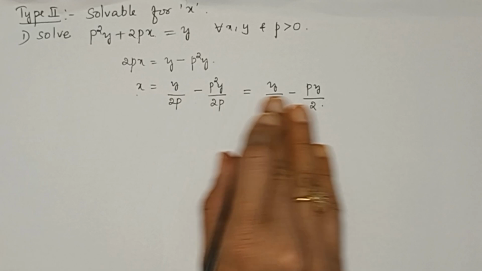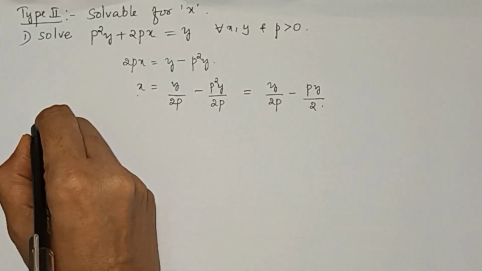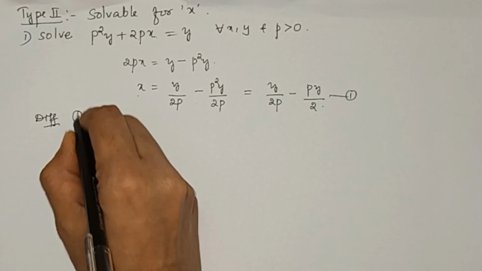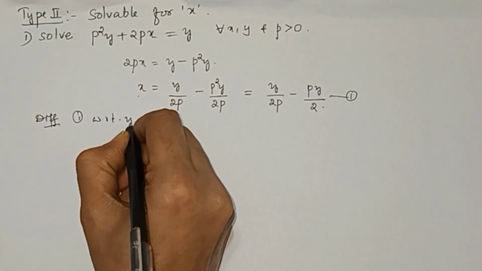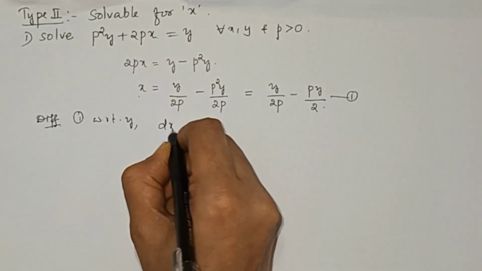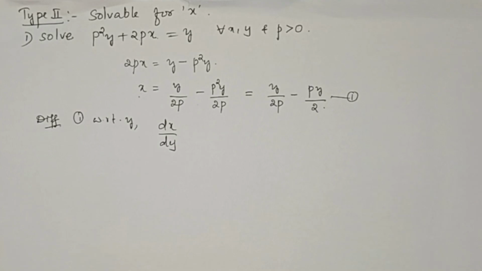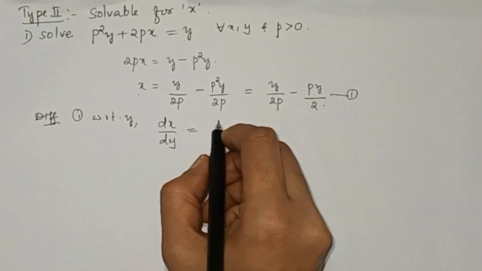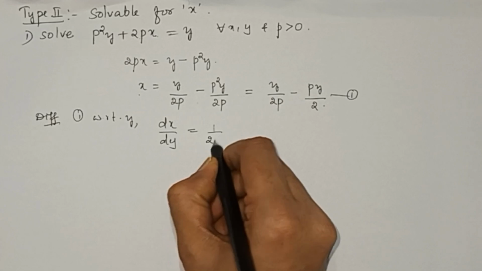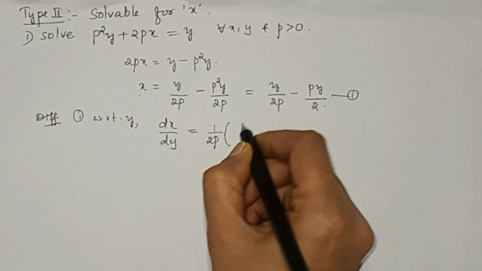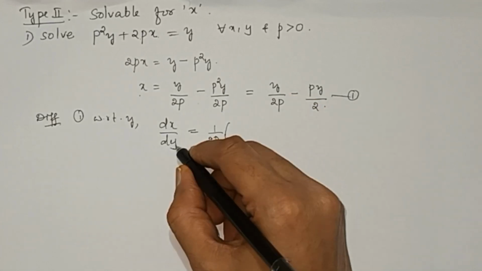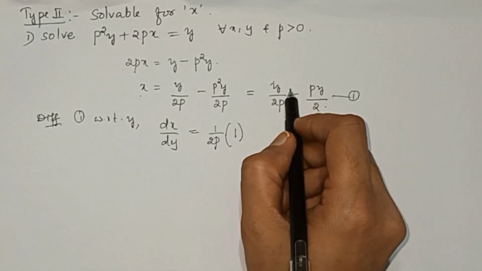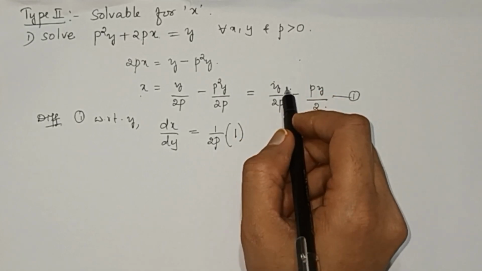Now, after doing this, you have to differentiate this equation 1 with respect to y. So you will get dx/dy, which is equal to, here, 1/(2p) I will keep outside. Then differentiation of y with respect to y is 1. Product rule I am applying: (uv)' is uv' plus vu'.